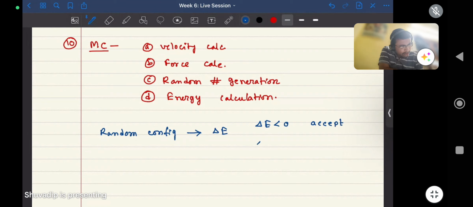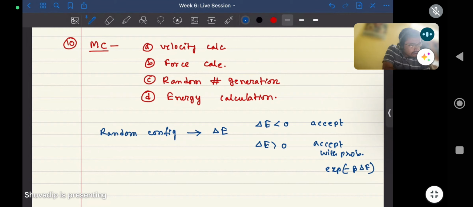If delta E is greater than 0, accept with probability exponential minus beta delta E.